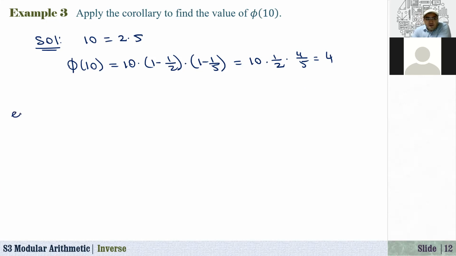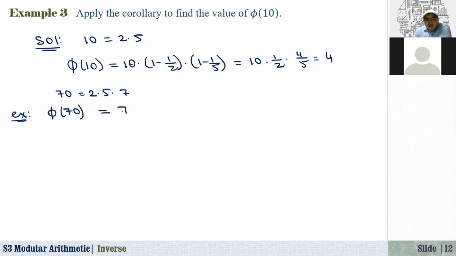Or another example, since we're talking about 70, what is phi of 70? And what is 70? 70 is equal to 2 times 5 times 7.